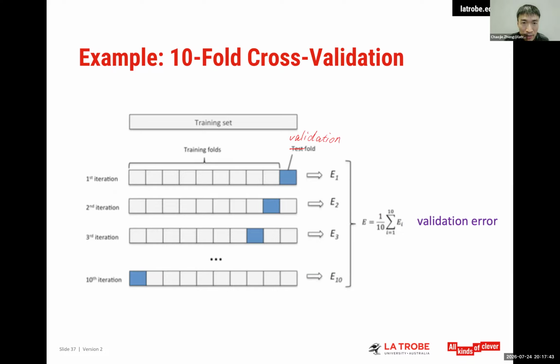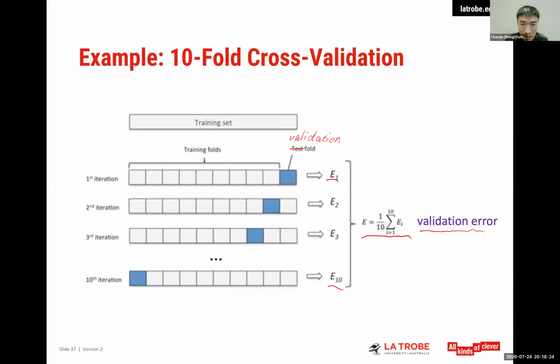We use one part as the validation fold for each iteration, and then in the next iteration, we use another part as the validation set and the rest of the folds as the training data set. For each iteration, we will have a validation error. So after 10 iterations, we will get 10 validation errors, and we calculate the average of these validation errors, and we just call this the average validation error.